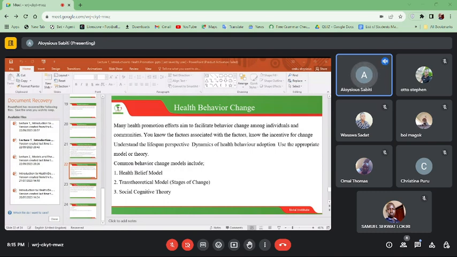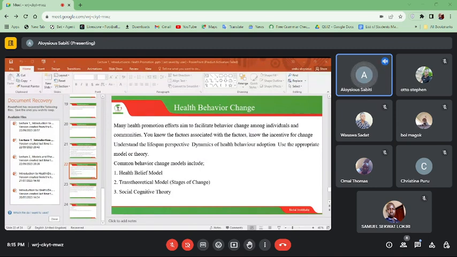The second theory is the theory of planned behavior. It is also a social psychological model that proposes that an individual's attitudes, subjective norms, and perceived behavioral control influence their intention to engage in a particular behavior, which then influences their actual behavior.